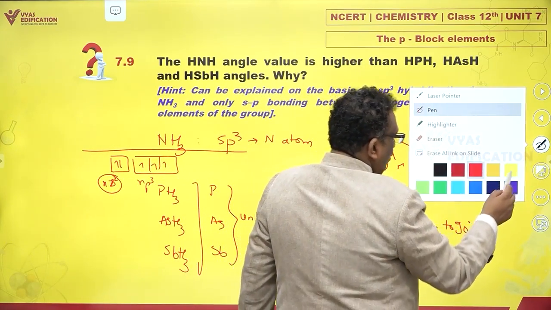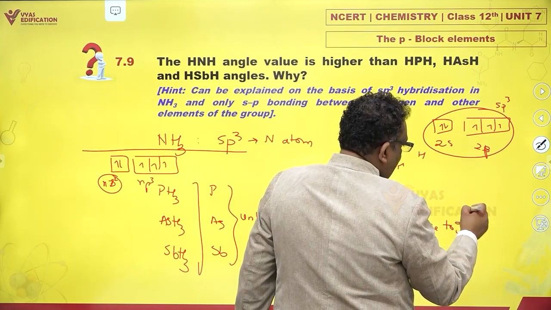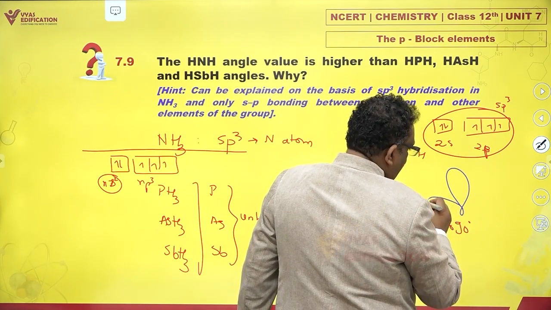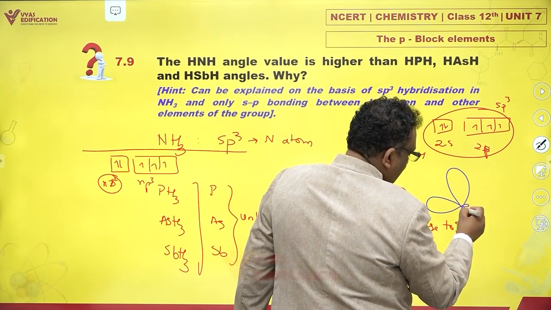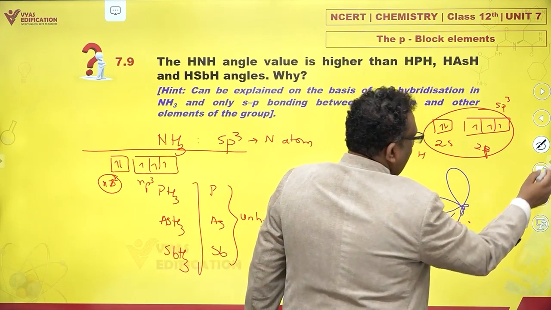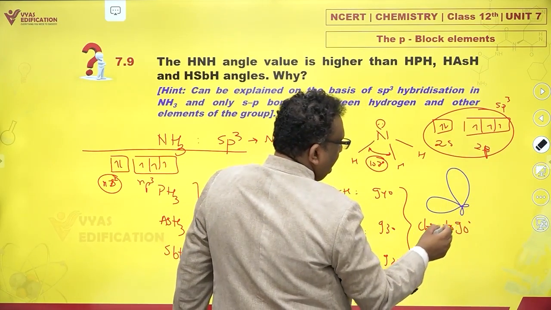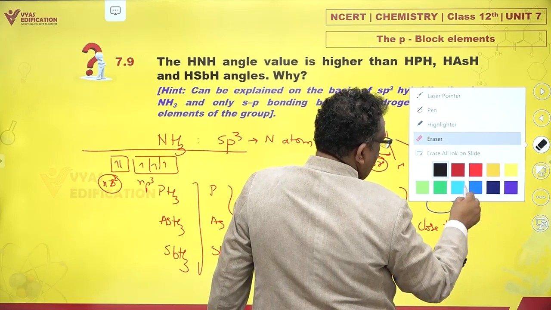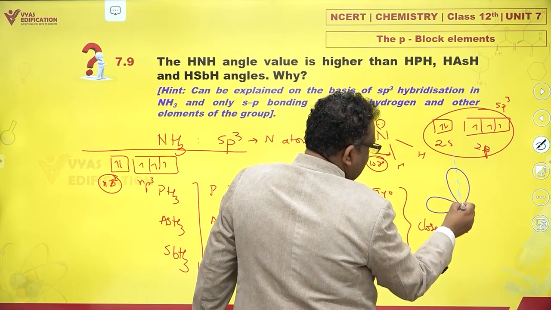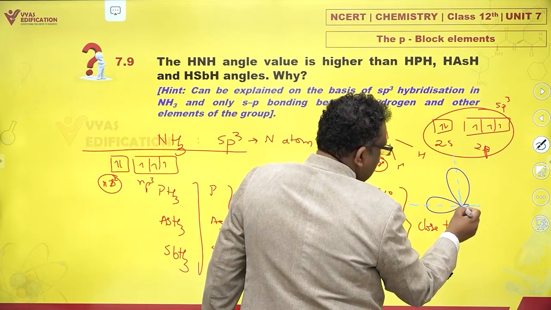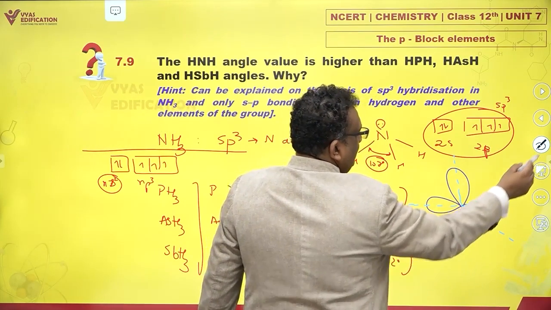I'll just draw them and show you. You find that you have 1, 2 and... I'll just draw the x-axis, y-axis and say z-axis like this.